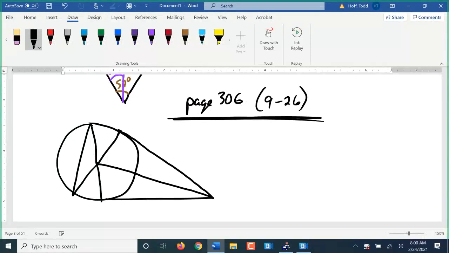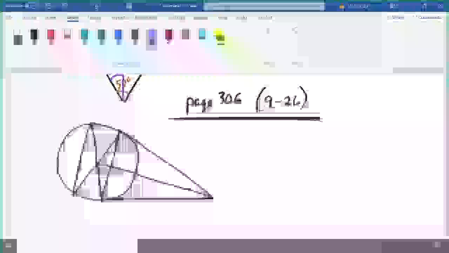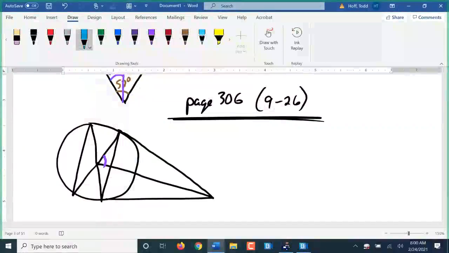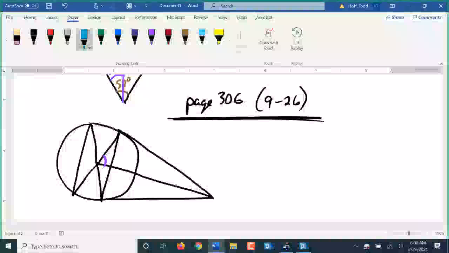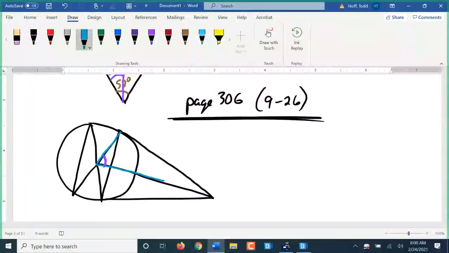We might run into problems that have all sorts of junk going on like this. Try to pick out the parts of the problem that you actually need. If I'm looking for this angle here, that angle is part of this triangle here that's a right triangle, because that radius has to hit that tangent at a right angle.